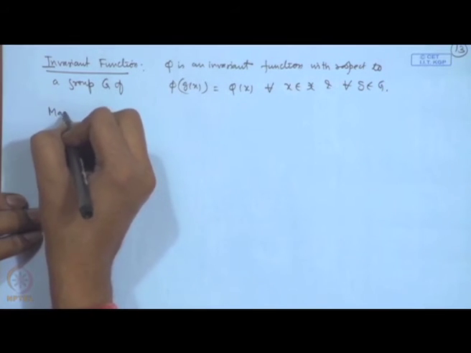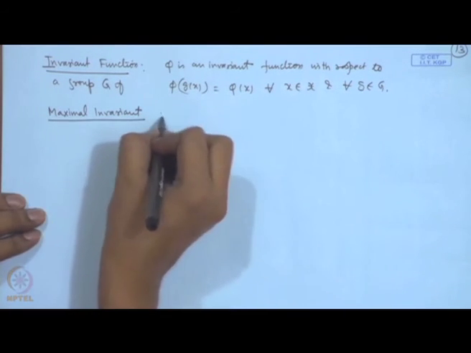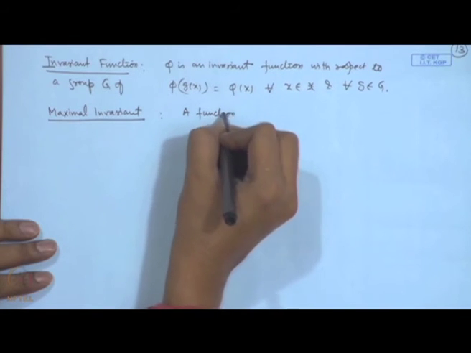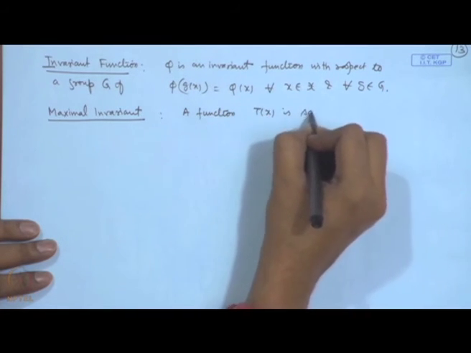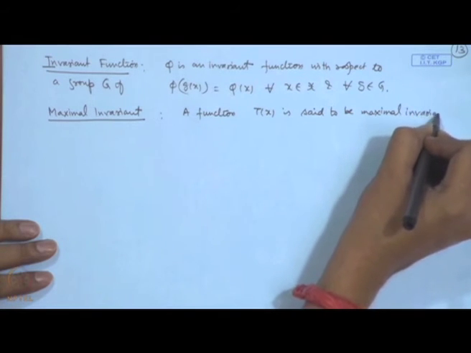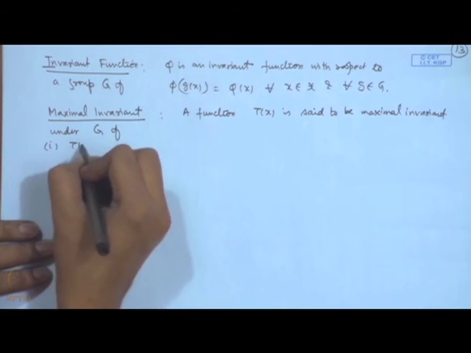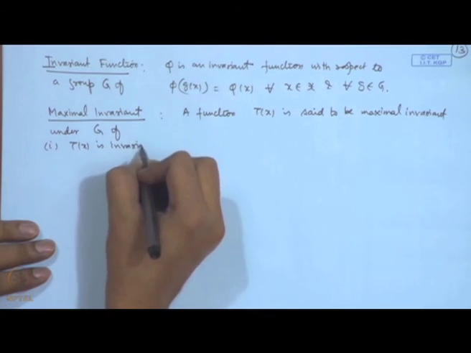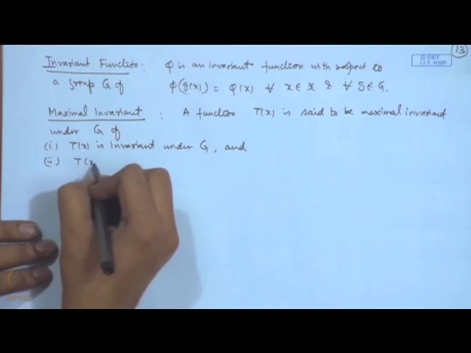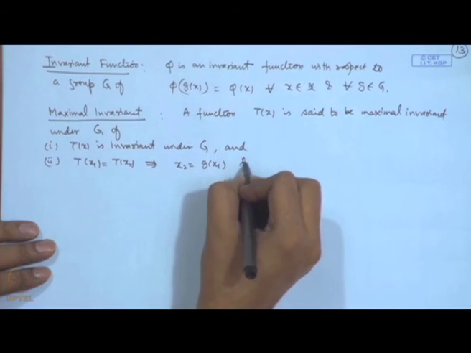Then we define maximal invariant. A function T x is said to be maximal invariant under G if T x is invariant under G, and T x 1 is equal to T x 2 implies x 2 is equal to g of x 1 for some g.